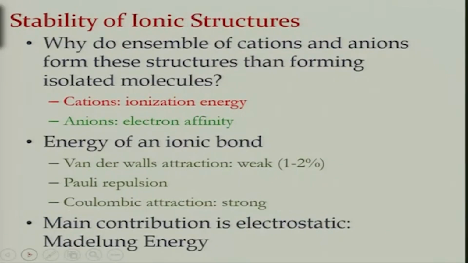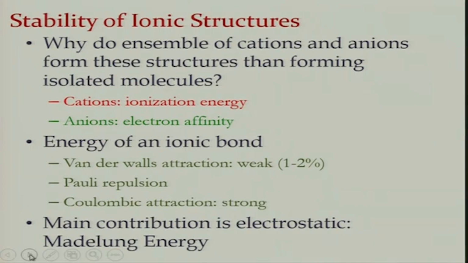So first of all, when you put these atoms together, cations and anions together, the question is why should they form a stable structure rather than just remaining as a molecule. So we need to consider the energetics to reach a conclusion about this. So cations are defined by ionization energy, and anions are generally defined by their electron affinity.